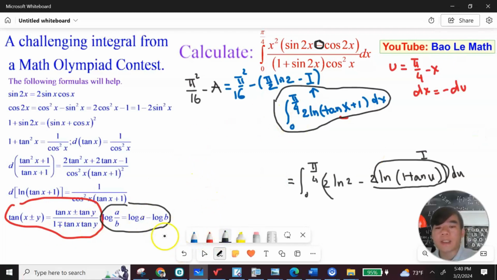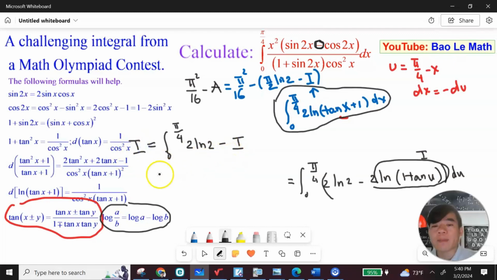Basically this one equals the integral from 0 to pi over 4 of natural log of 2, minus this one, which is I, minus I. So I have I right here equal to this one.